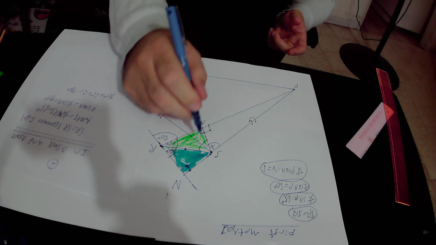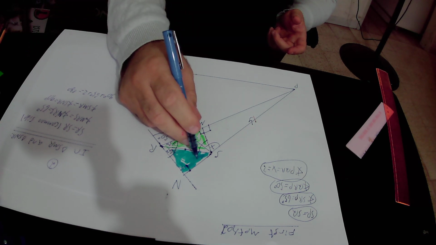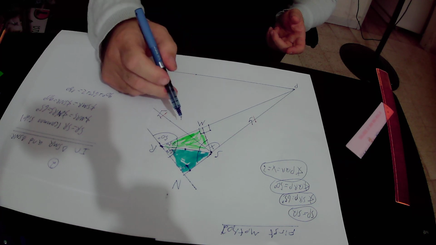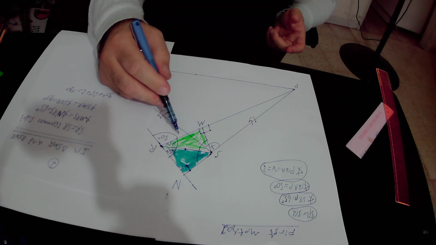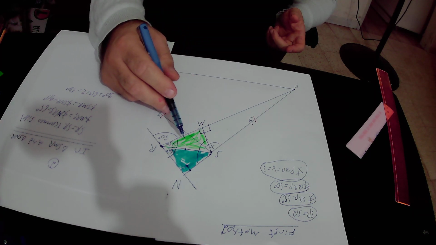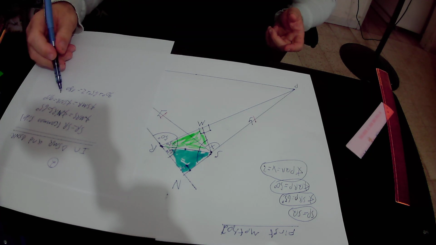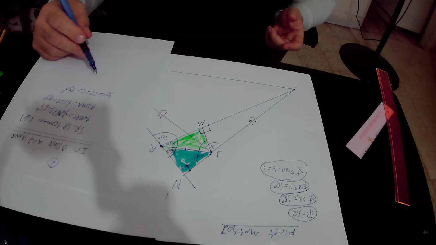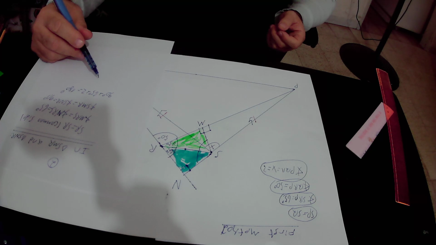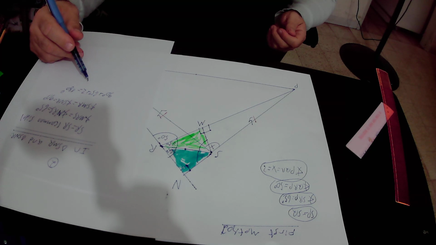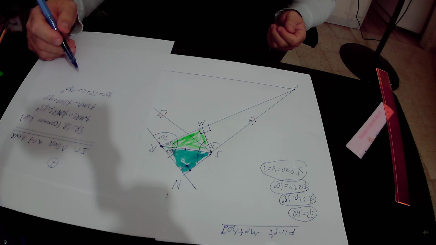And actually this angle is also angle Z because of the fact that they have two equal angles. Okay, so here we have the equality that 90 degrees plus 65 degrees plus angle Z equals 180 degrees.